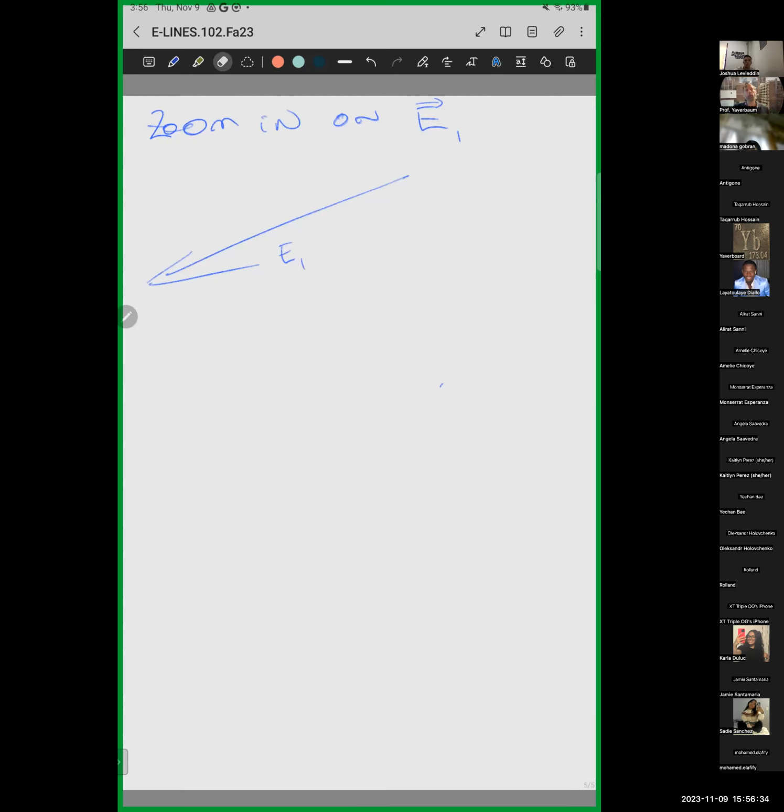Any field that is pushing to the southwest is really some field that's pushing to the west, while at the same time joining some field that is pushing to the south.